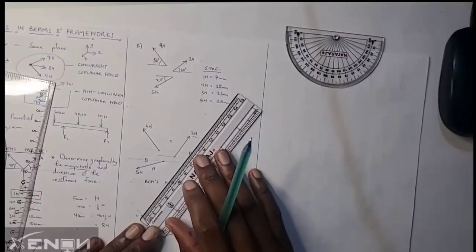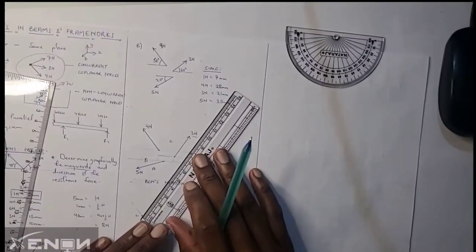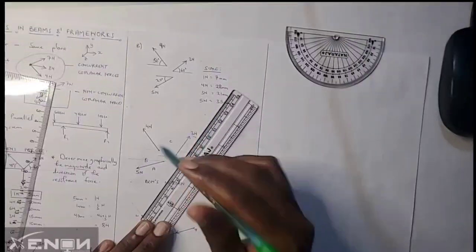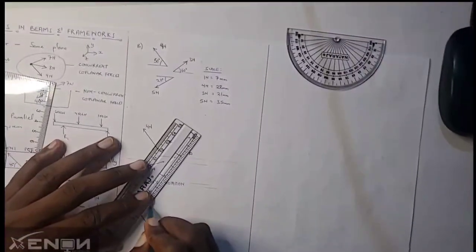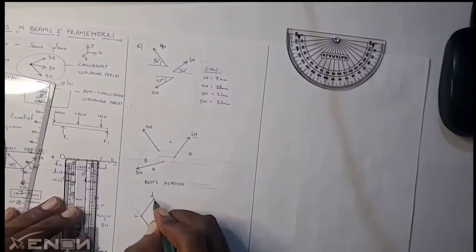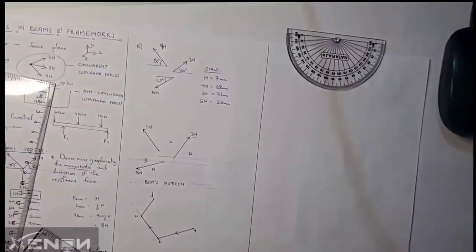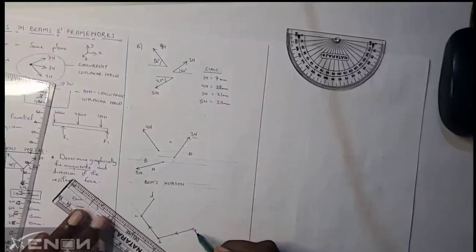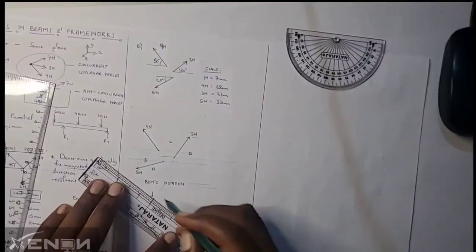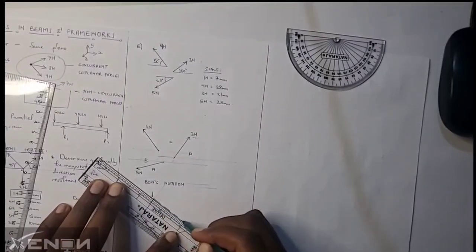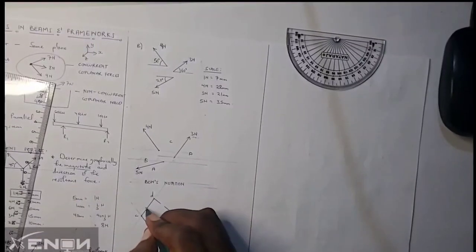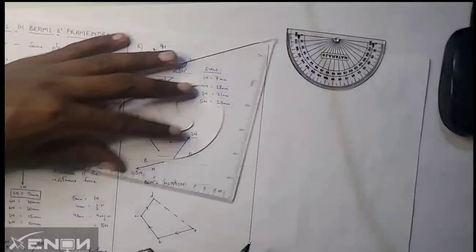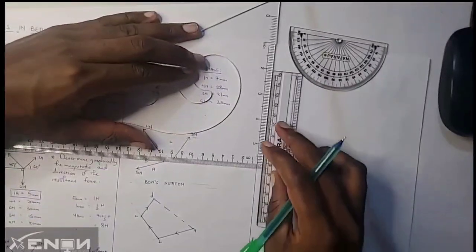So mark off 21 here. So this is D. And just like we did last time, you join the last point to the first point with a dotted line. And just like that, we've drawn our force polygon. So let's name it right away. Force polygon.